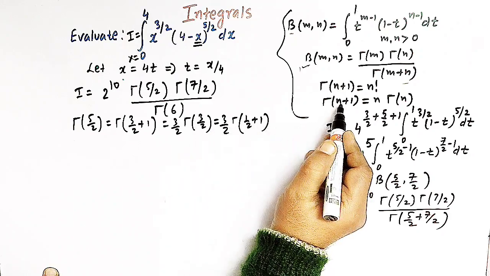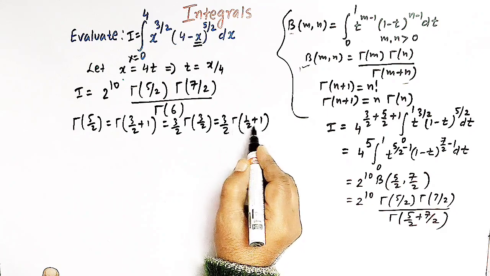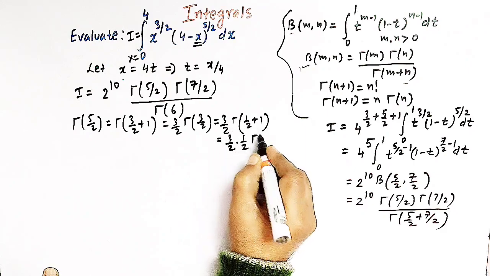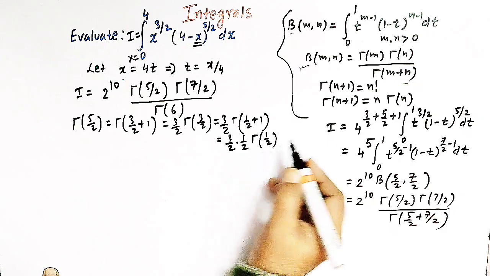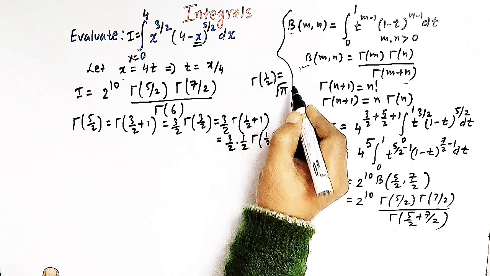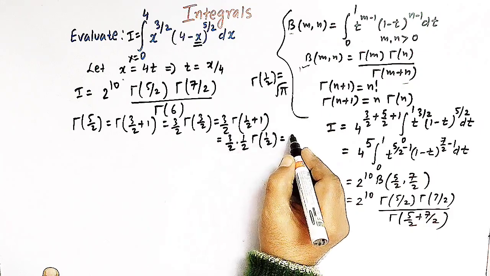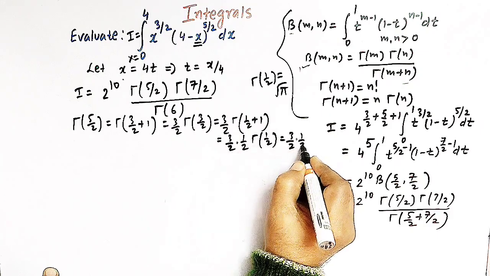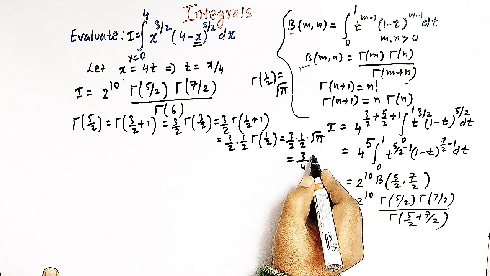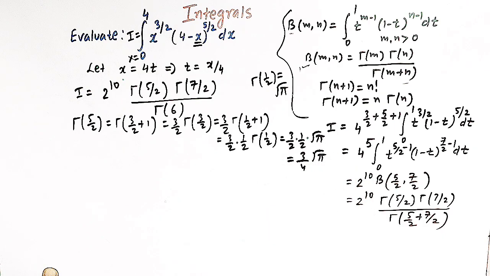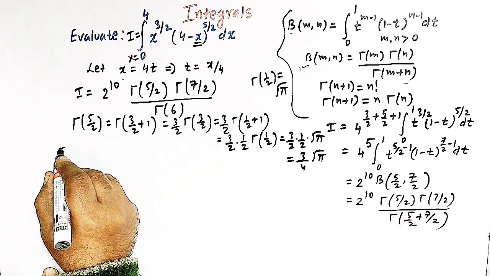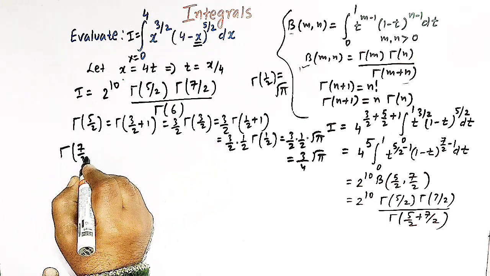So again applying this result to gamma half plus 1, we have 3 by 2 times half, then we have gamma half, and gamma half is equal to square root of pi. So we have 3 by 2 times half times root pi, that is 3 over 4 times square root of pi.